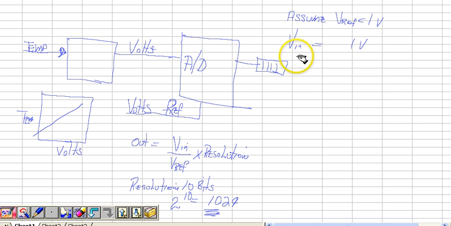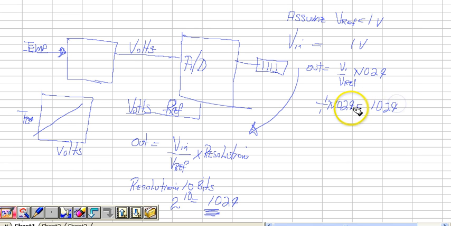By definition, our A to D will output a digital output of Vin over Vref times 1024. In our example, 1 over 1 times 1024 equals 1024. So if we do an analog to digital conversion with 1 volt in, 1 volt reference, it will output a number of 1024.